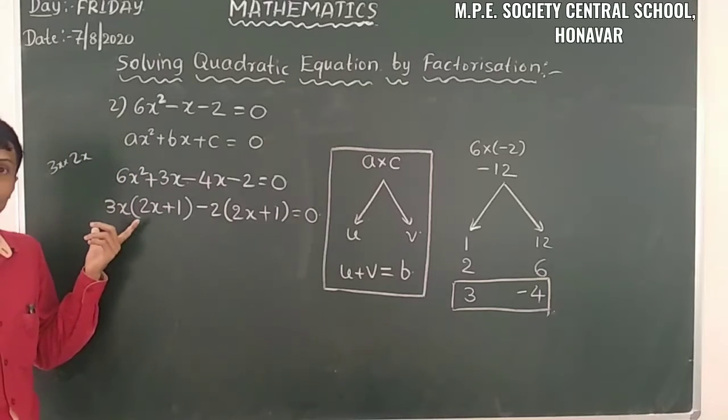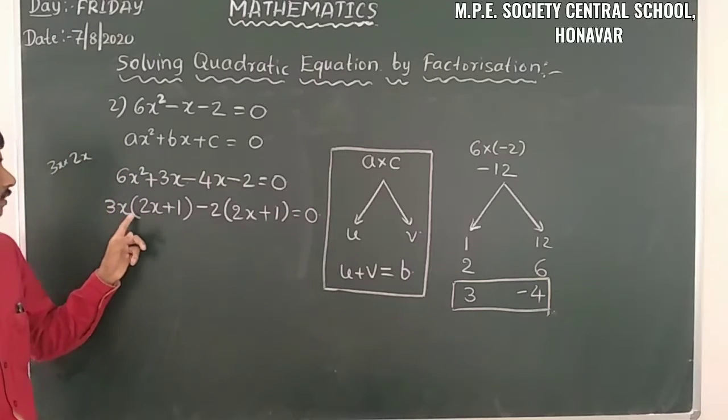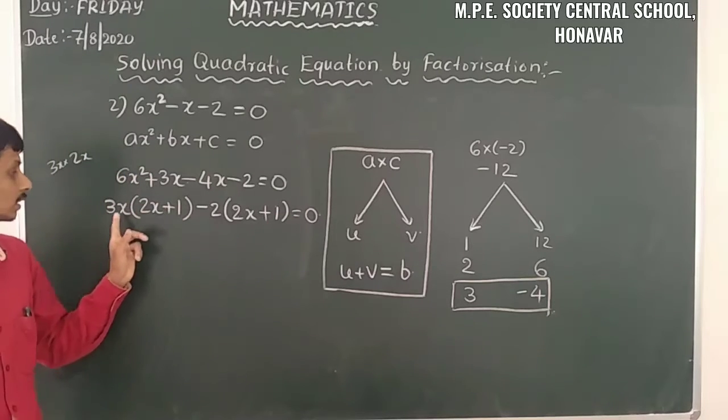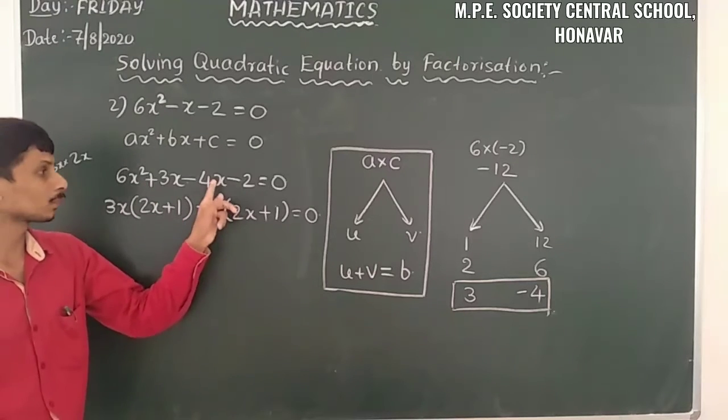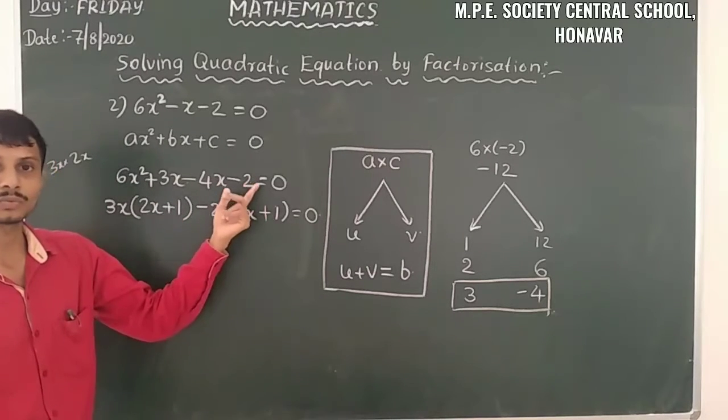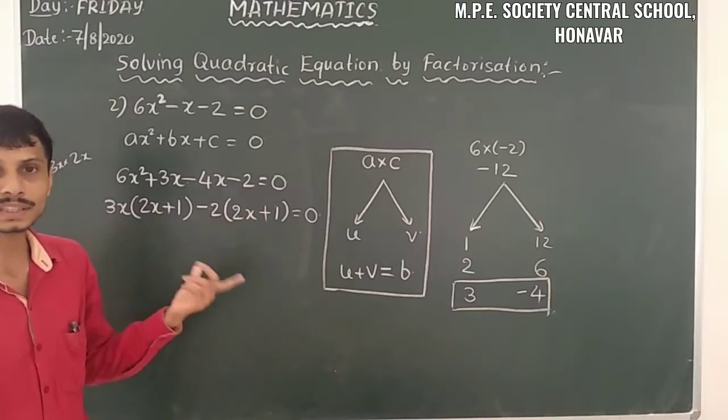Just observe whether it is right or wrong. 3x into 2x, 6x square, 3x into 1, 3x, then minus 2 into 2x, minus 4x, minus 2 into minus 1 plus 1, it is minus 2. It is correct.